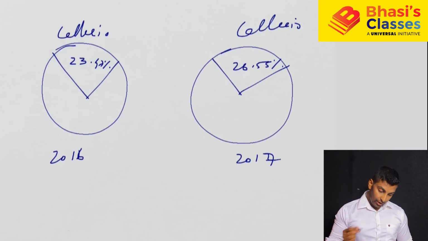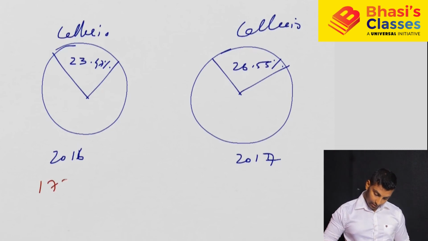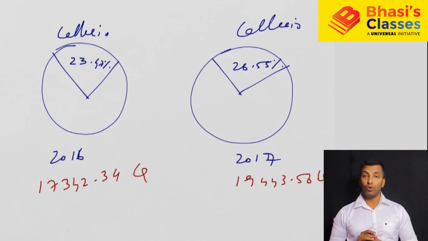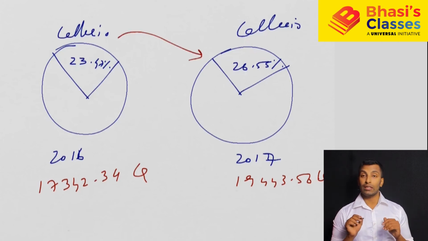Now the total revenue was 17342.34 and 19443.56 crore, in crores. So what you're asked to find out is what is the percentage change in the sales revenue of the car Celerio from year 2016 to 2017.